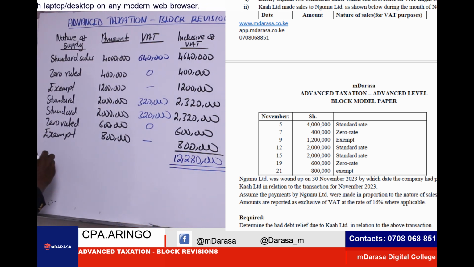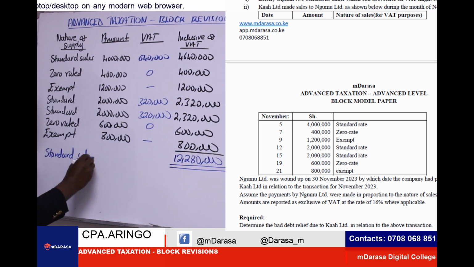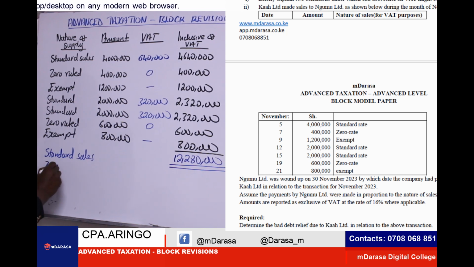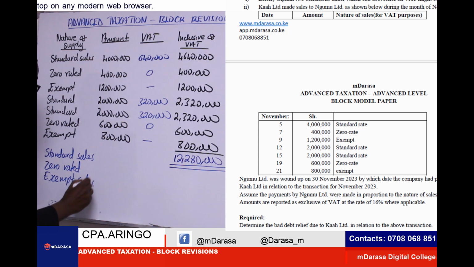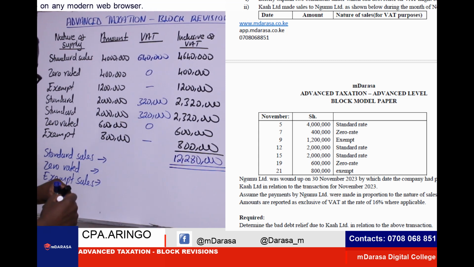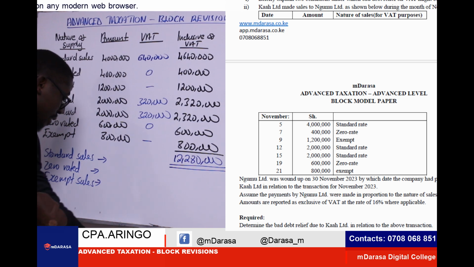So we do this summary. Let us determine the total standard sales, the zero rated sales, and then the exempt sales. Of the total value, how much did you have as standard?